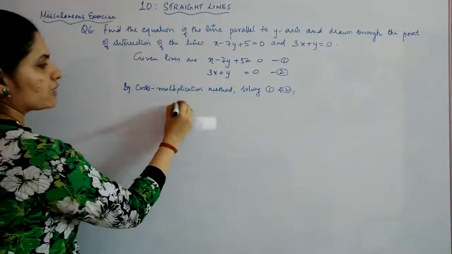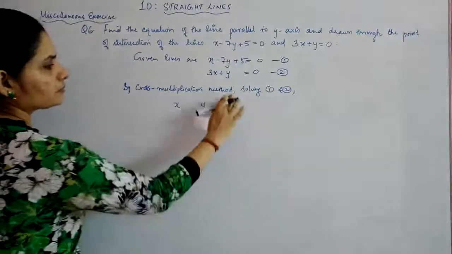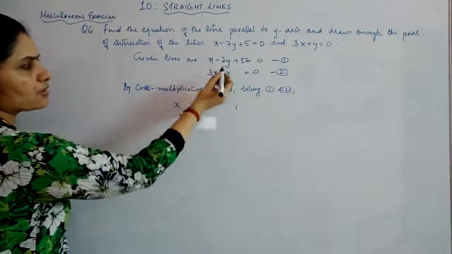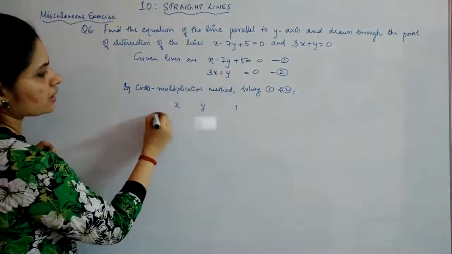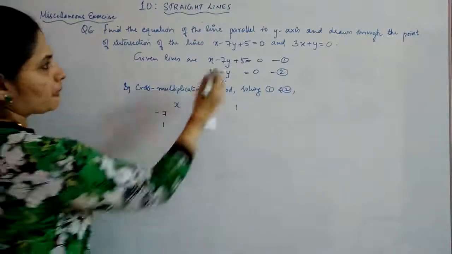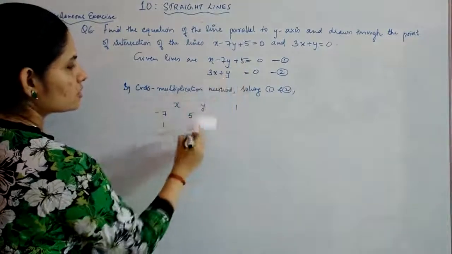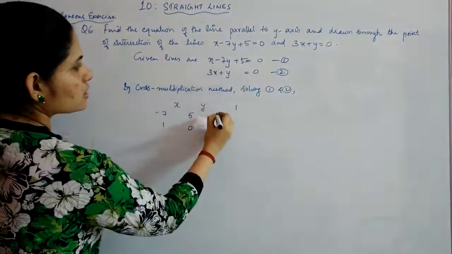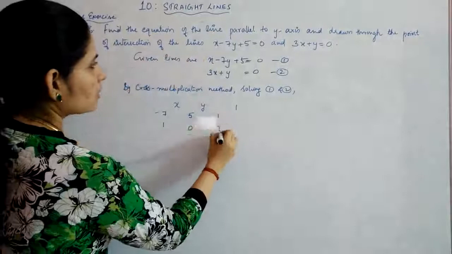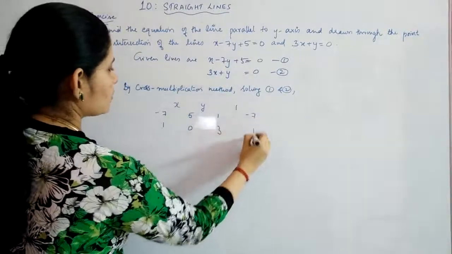How we have to write: x, y, 1, then the coefficients b1, b2, which are minus 7, 1, then the constant 5, and there is nothing here, so it is 0. Then you have to write 1, 3 here, again minus 7, 1.